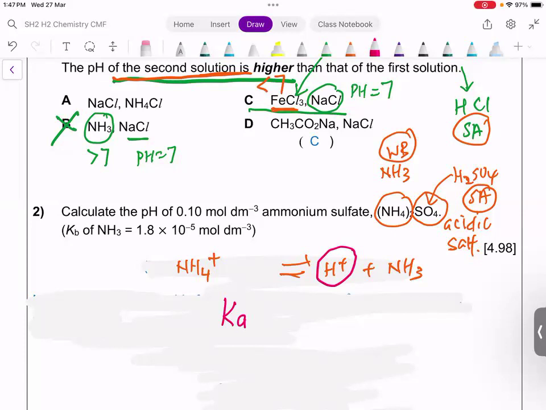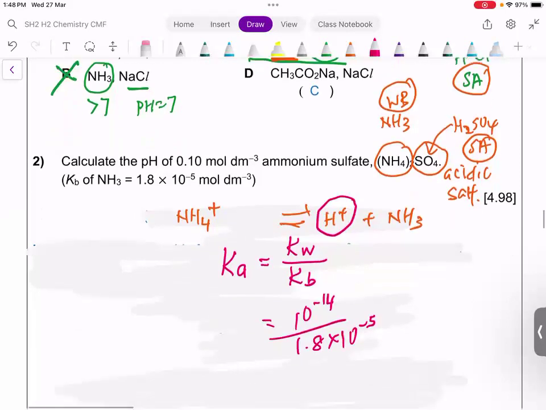So is there any way that I can obtain Ka? Yeah, Kb. Because we are talking about dissociation in aqueous medium, I can always use Kw divided by Kb to obtain my Ka value. So that will be 10^-14 over 1.8 times 10^-5. That is how I can calculate my Ka value.